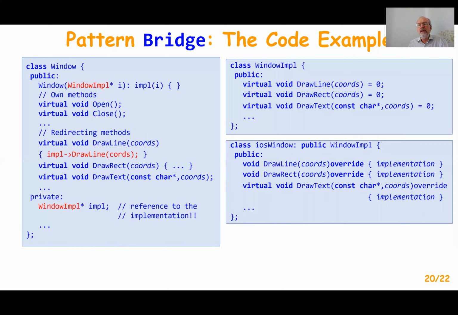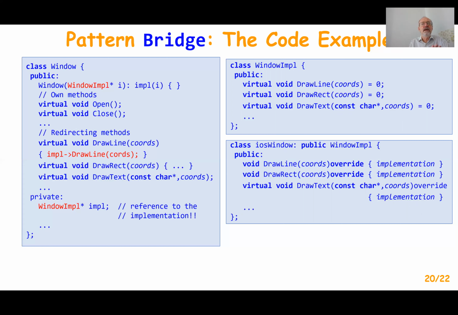The real implementation comes in derived classes that represent implementation for a particular platform. On this slide, there is only one derived class, for example, for iOS implementation. And this class contains real implementations, particularly for the iOS platform.